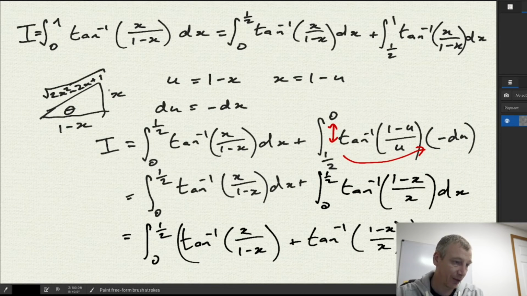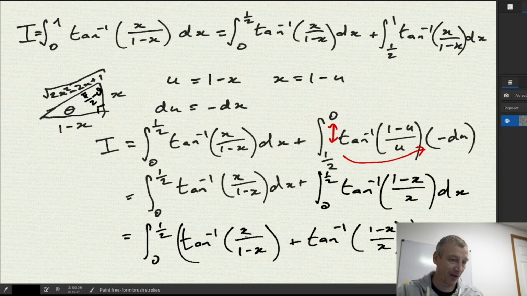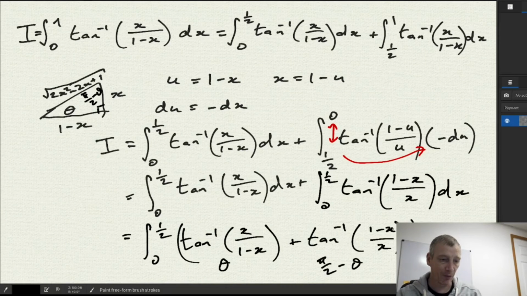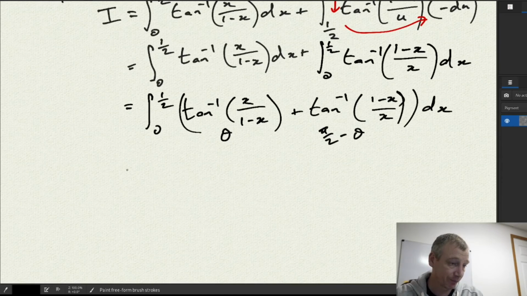And now we can see why this symmetry is nice, because theta here, the tan inverse of x over 1 minus x, that's theta. And tan inverse of 1 minus x over x, that's pi over 2 minus theta. So when we add them, we just get pi over 2.